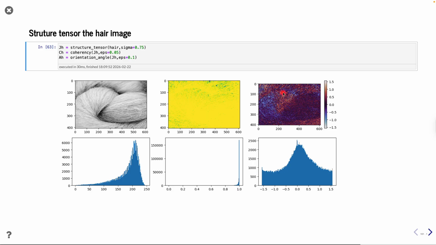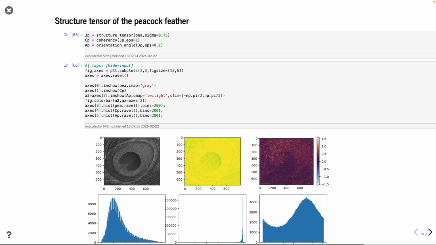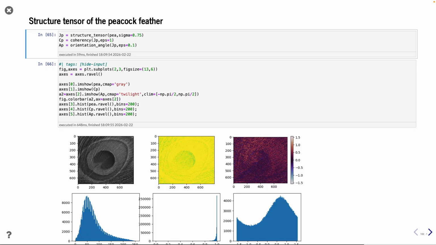If we look at the histogram of that one, we can also see that the global orientation in this image is apparently around 0 degrees. So there is about equally many in each direction. And looking at the peacock feather, then we can see there is a shift towards the 45-degree orientation.